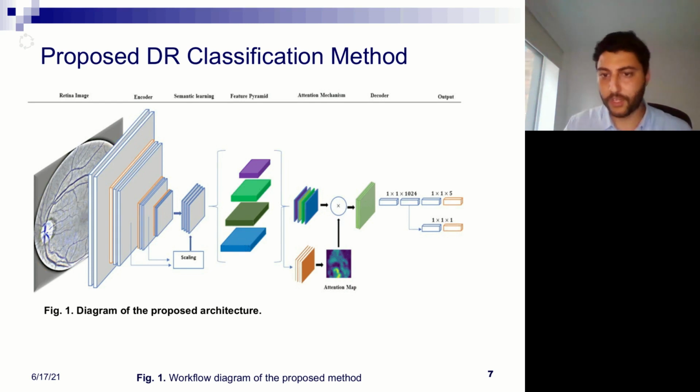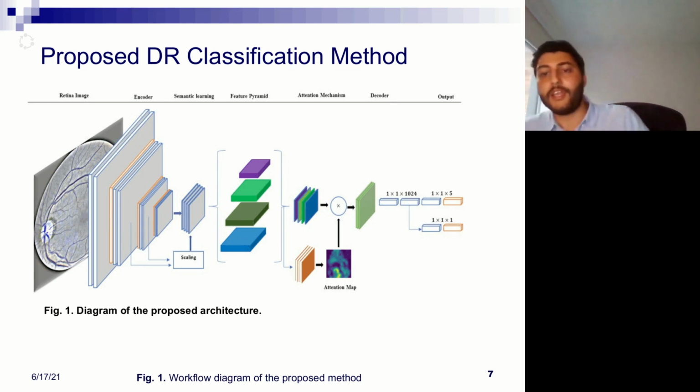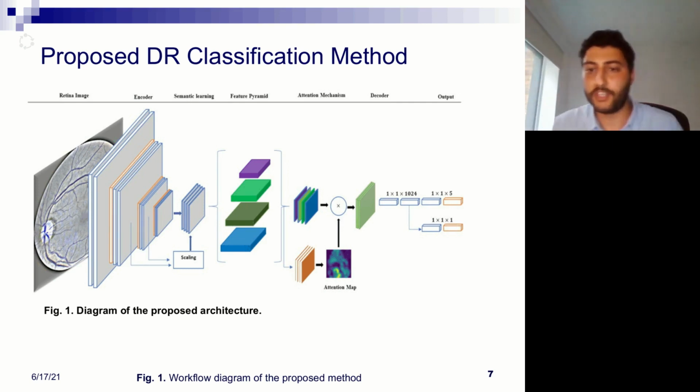Once we multiply the attention map with the multi-scale representation, it will scale the representation again and give importance to each representation to generate the final scaled representation. After this step, as in any typical neural network, we apply global average pooling and then the fully connected layer to generate the final output.